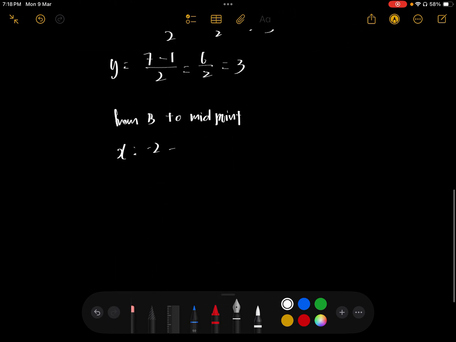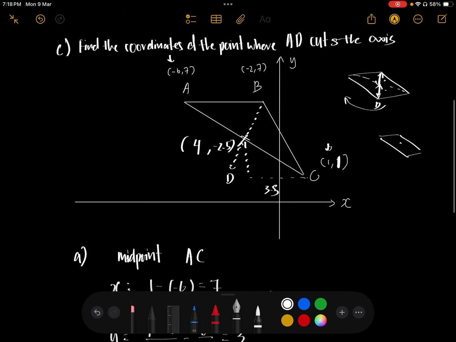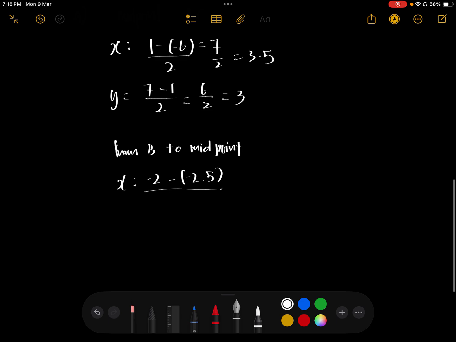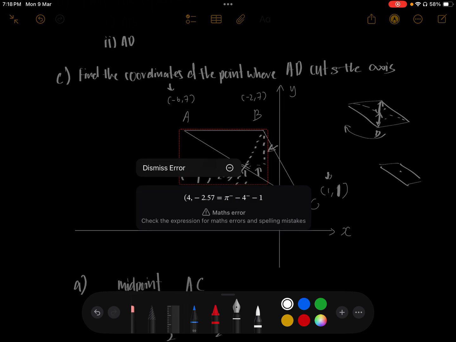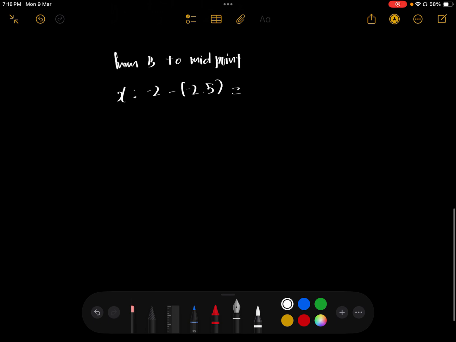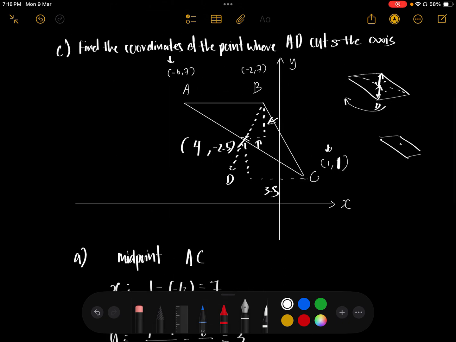So from the midpoint, we're looking at the x and y of B. The x will be -2 minus 3.5, giving a difference of 0.5 after correcting. And for y, let's look at the y difference: 7 and 4.